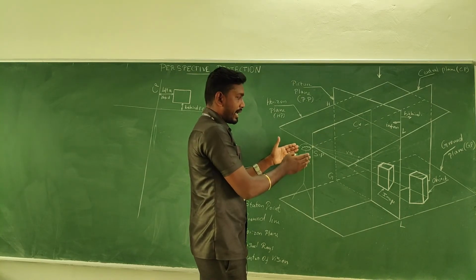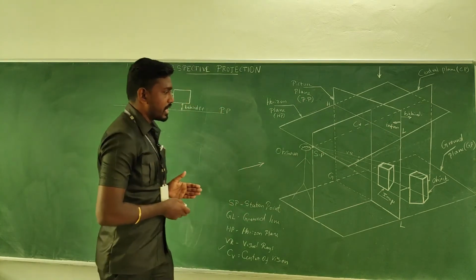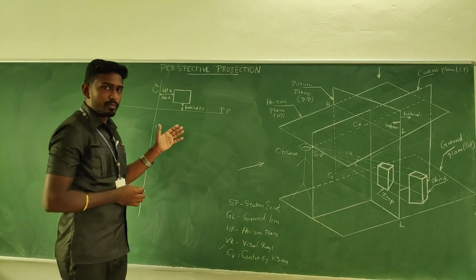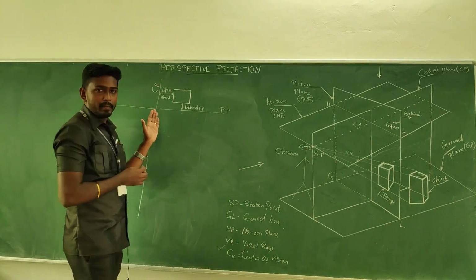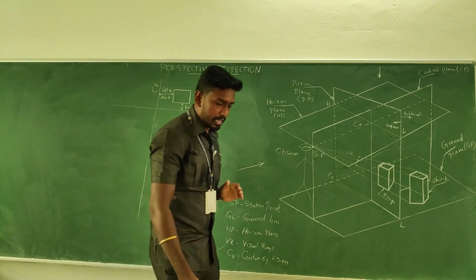If you keep it inside of this segment, we can lay out the center plane to the right. So based on the position of the object, the center plane will change. Okay, fine, let it be.